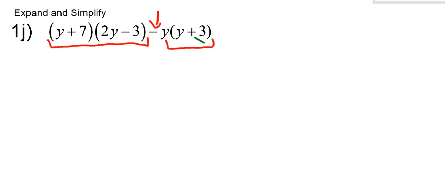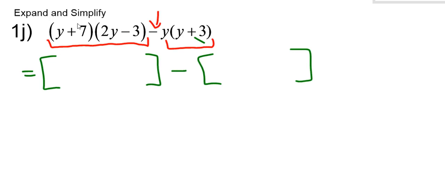So I'm going to put one set of giant brackets here, and then a subtraction sign, and then another set of brackets here. And that will keep me focused on the fact that I'm multiplying, and finally subtracting. And it also makes sure that I give due consideration to this subtraction sign, because it'd be too easy to ignore the fact that that negative sign is really important for that second bracket.